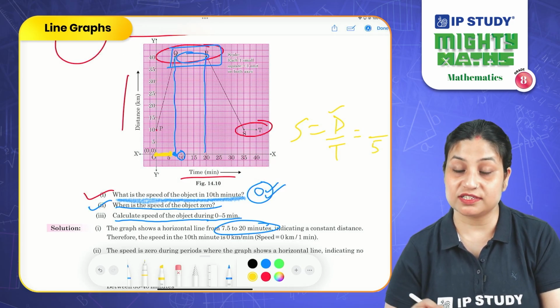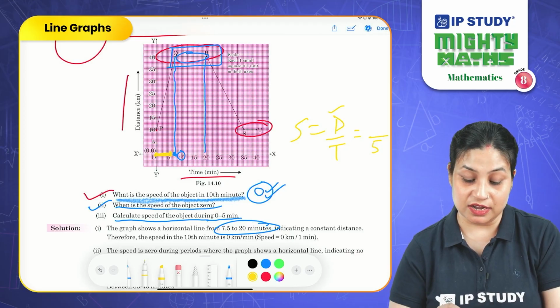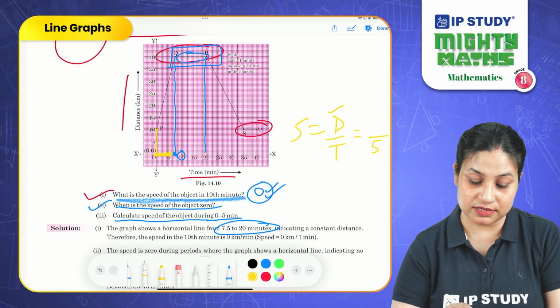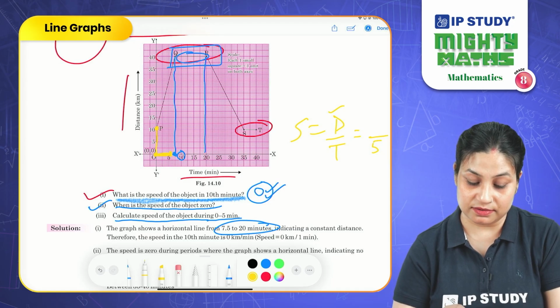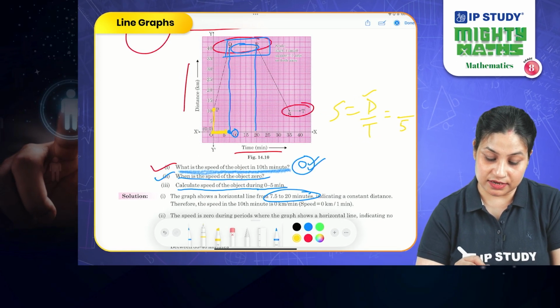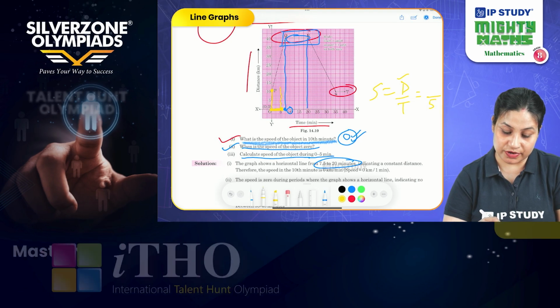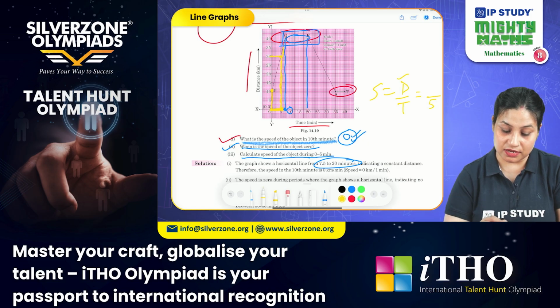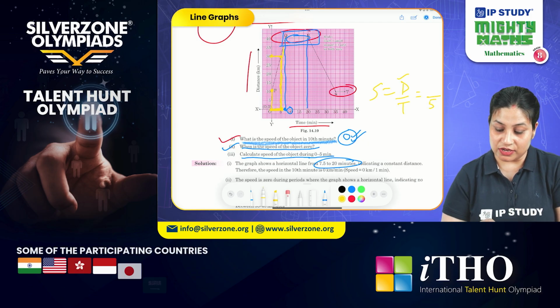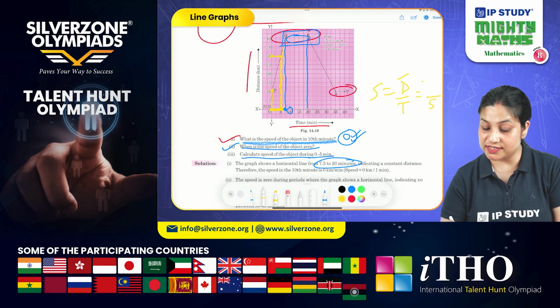Now we have to check what is the distance covered during these 5 minutes. So here this is 10 kilometer at 0 minutes, right? And at this point, it is 30, right? For 5 minutes, the distance covered is 30. So if you calculate the total distance, what you have to do?